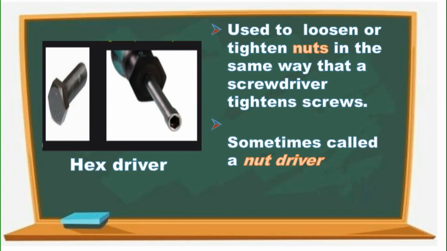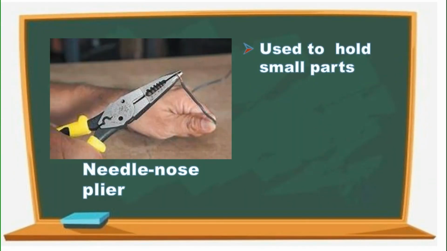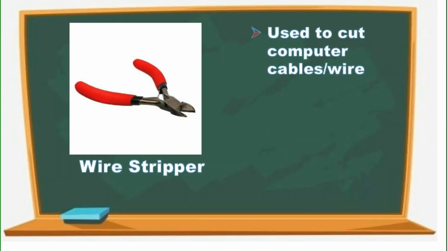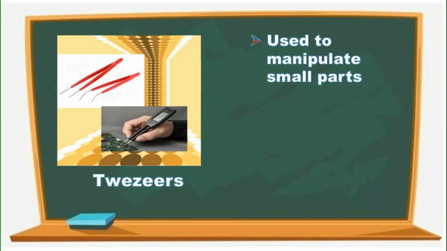Hex driver. It is used to loosen or tighten nuts in the same way that a screwdriver tightens a screw. It is sometimes called a nut driver. Needle nose plier. It is used to hold small parts. Wire stripper. It is used to cut computer cables or wire. Tweezers. It is used to manipulate small parts.